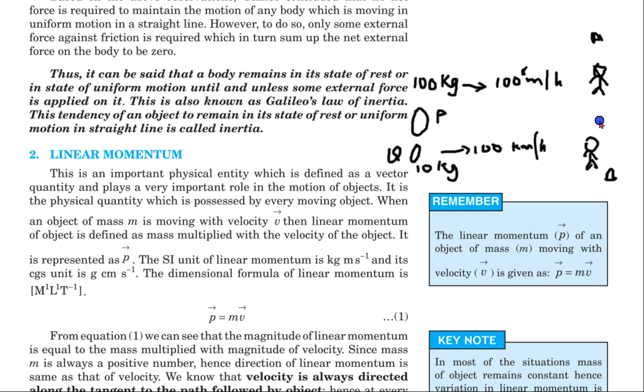Which one will produce more pain on a person? The answer is clear: the 100 kg body, which is heavier. A heavier body will give more pain, more effect. That is, this body has higher linear momentum than this body.